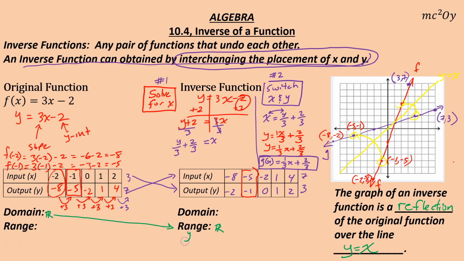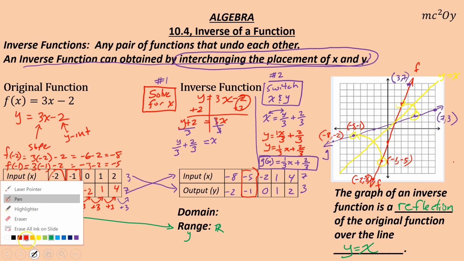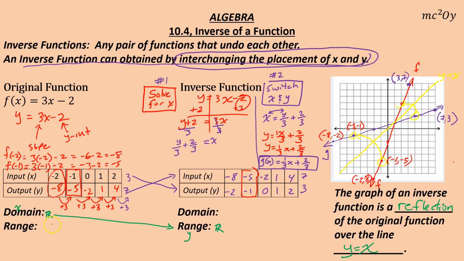Well, range represents y, domain represents x, and x and y switch. Now that may not seem as amazing once we go through the range, because the range is, where does it exist for y? Well, it's also all real numbers. But that range of the original, the y, becomes the x, so the range becomes the domain. And that'll come up a little later.